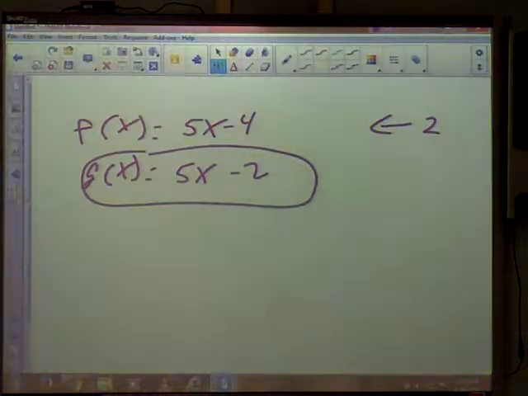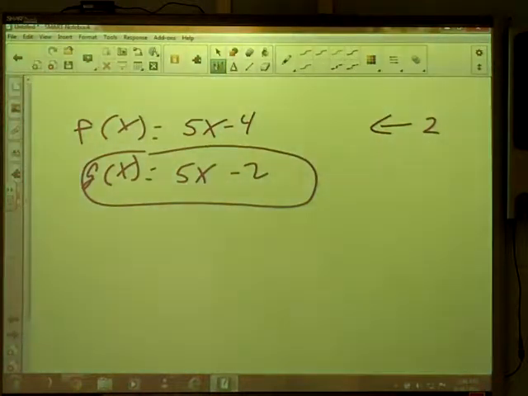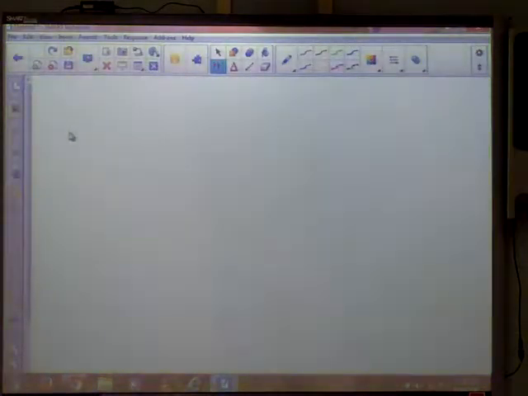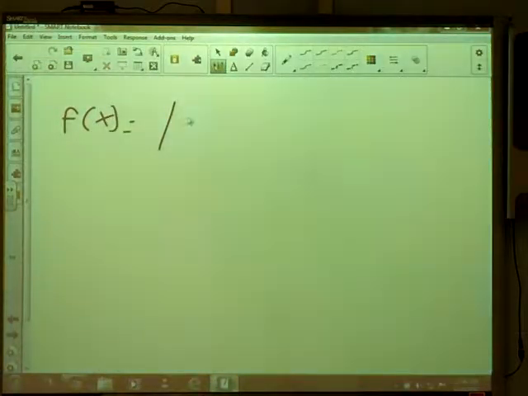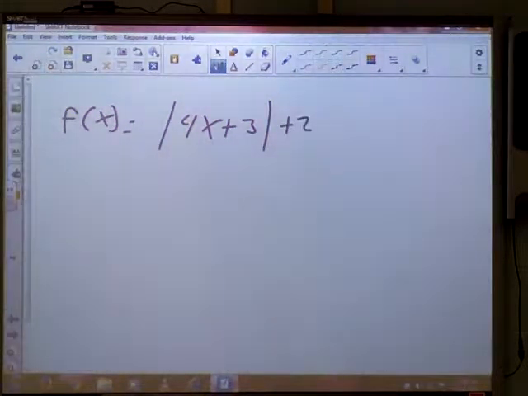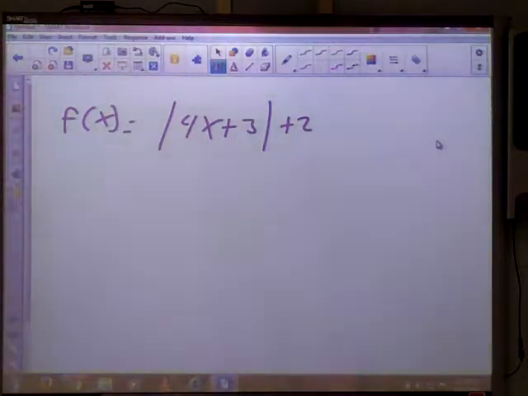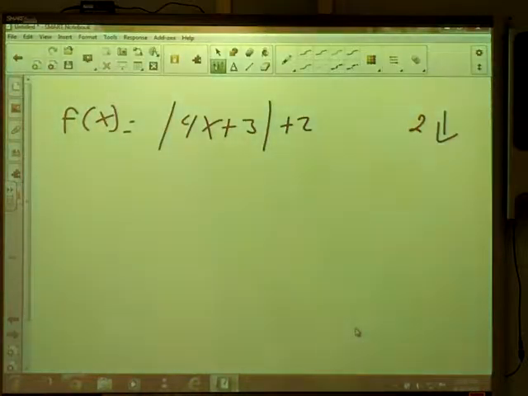Okay. Well, let's do an absolute value one now. Those were all linear. Let's look here at f of x equals absolute value of 4x plus 3, plus 2. And let's scoot that 2 units down. See if you can figure that one out. Go.